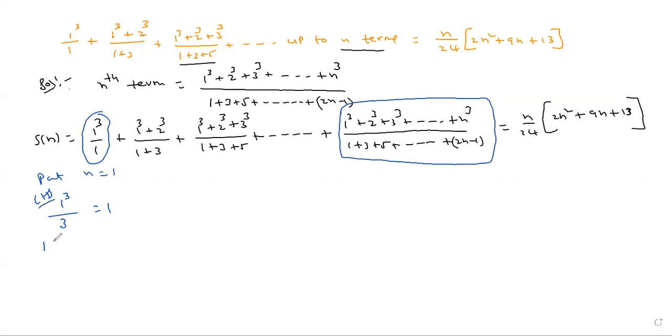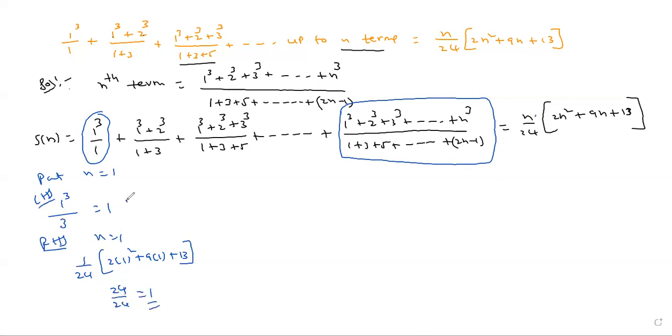Now what is RHS? For RHS, substitute n equal to 1 in RHS. n by 24, therefore it is 1 by 24 into 2 into 1 square plus 9 into 1 plus 13. Now what is this? 13 plus 9 is 22, plus 2 is 24, 24 by 24, which is 1.